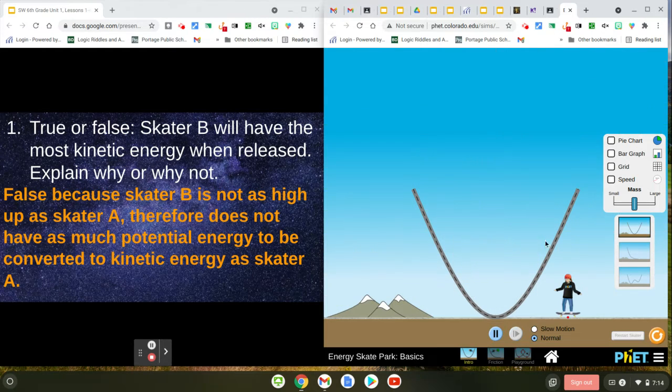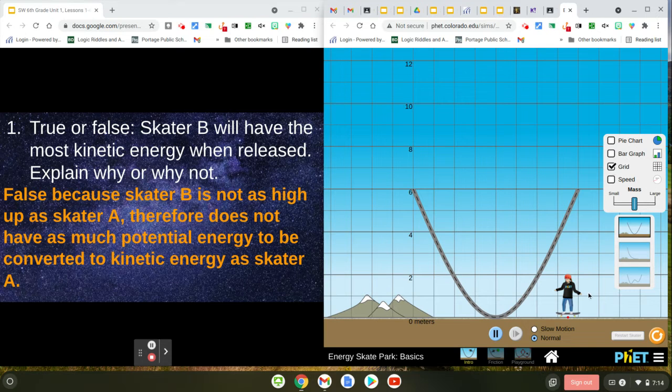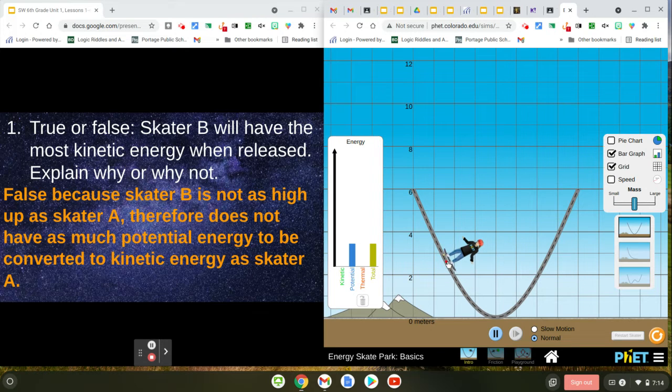And if we were to start the skater down here, notice that the kinetic energy bar does not go as high as if we were to start the skater up here. So the skater higher up has more kinetic energy, and that was skater A, than putting the skater down here and starting the skater. See, that kinetic energy bar doesn't go as high.